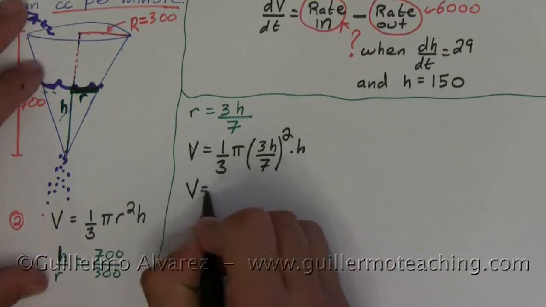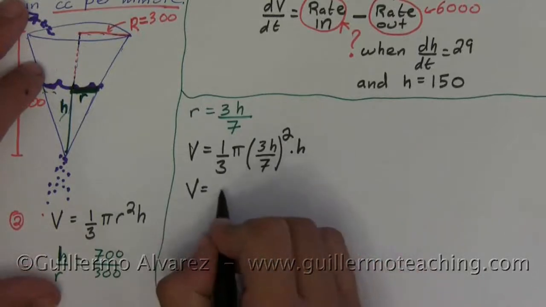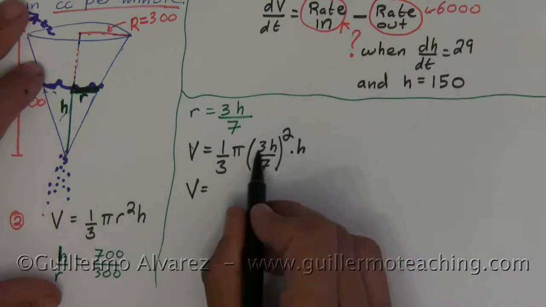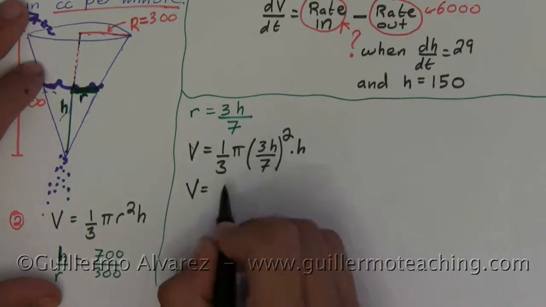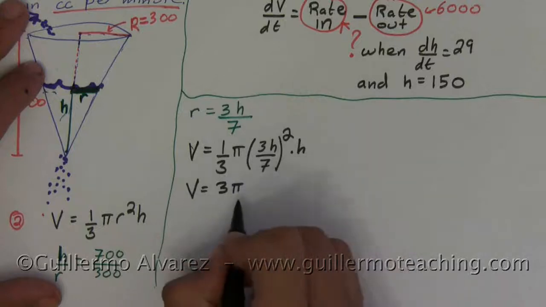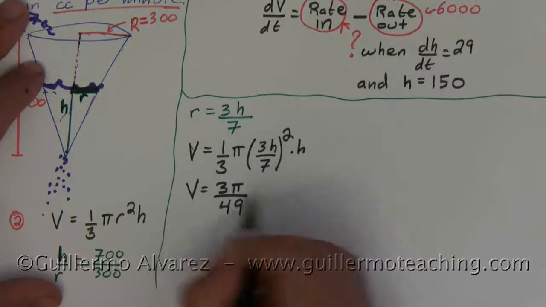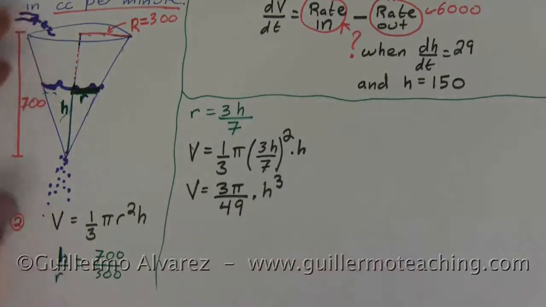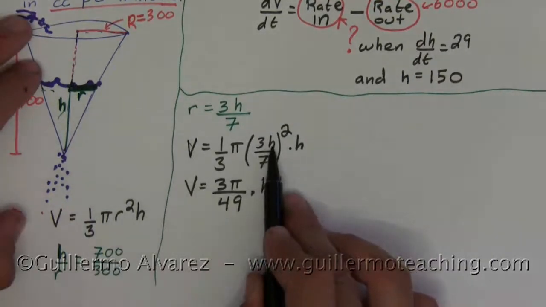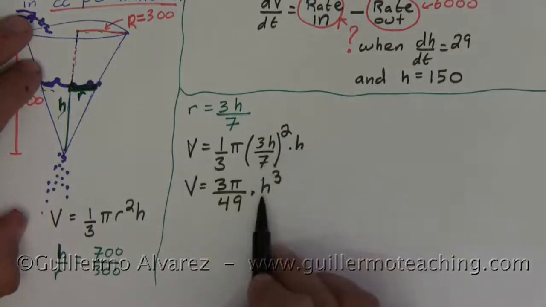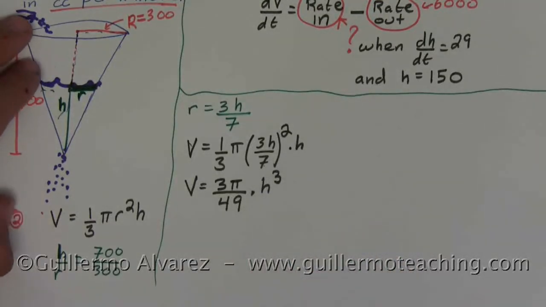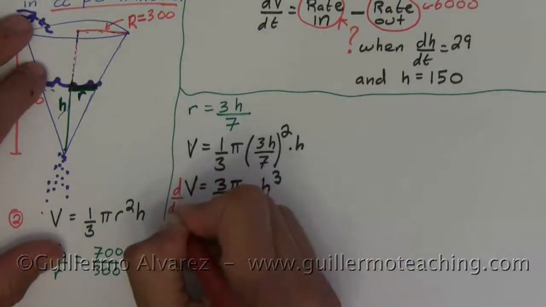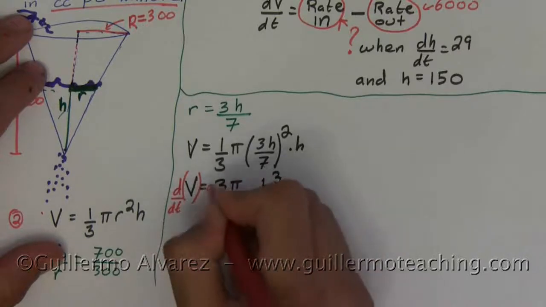One more simplifying step: if I square the 3, I get 9, and it simplifies with this 3. I get 3 pi over 49 times h cubed, because h squared times this h right here gives h cubed. Now that I have this, I can get the derivative of both sides with respect to time.